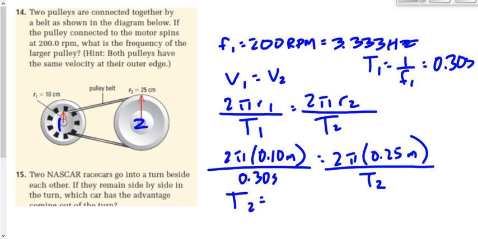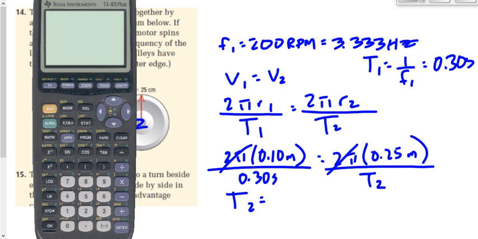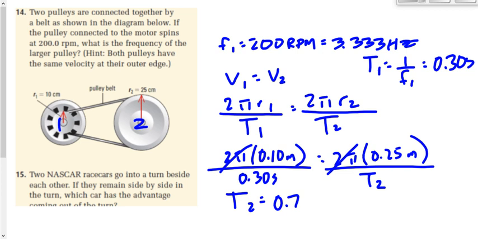T2 works out to be what? Oh, it's kind of ugly rearranging. 0.3 goes up. Oh, 2 pi cancels, doesn't it? That saves me a bother. T goes up. 0.3 goes up. 0.1 goes down. So I end up with 0.25 times 0.3 divided by 0.1 gives me a period of 0.75.